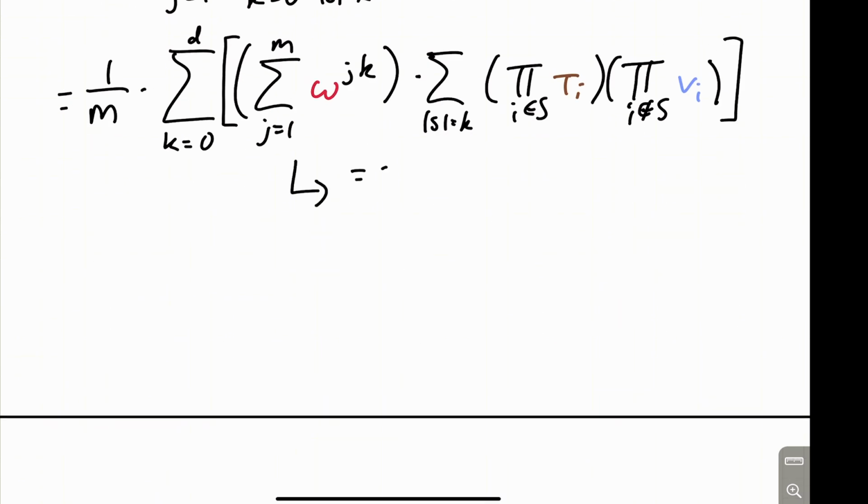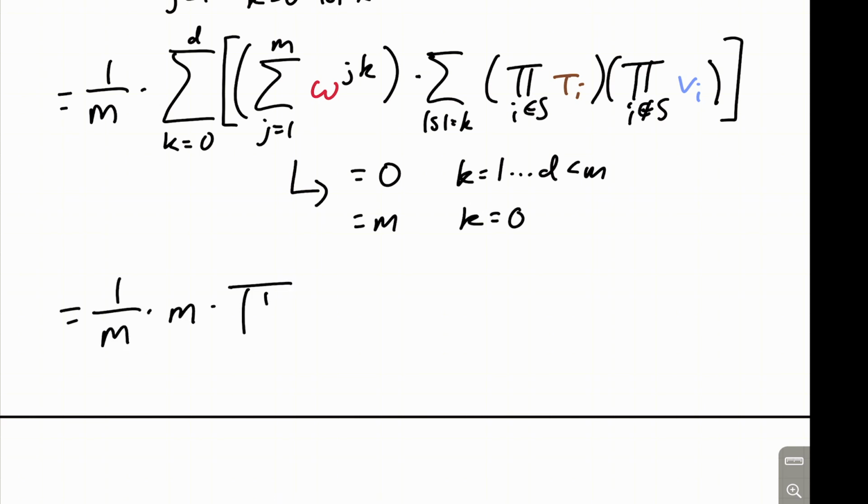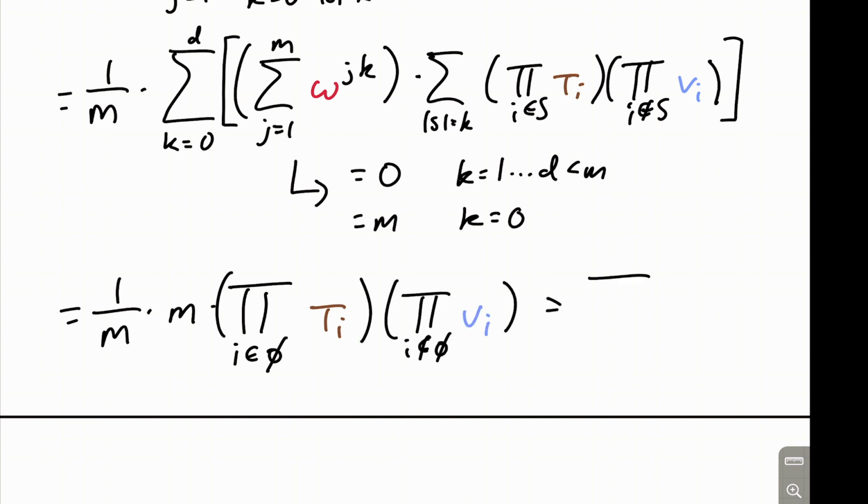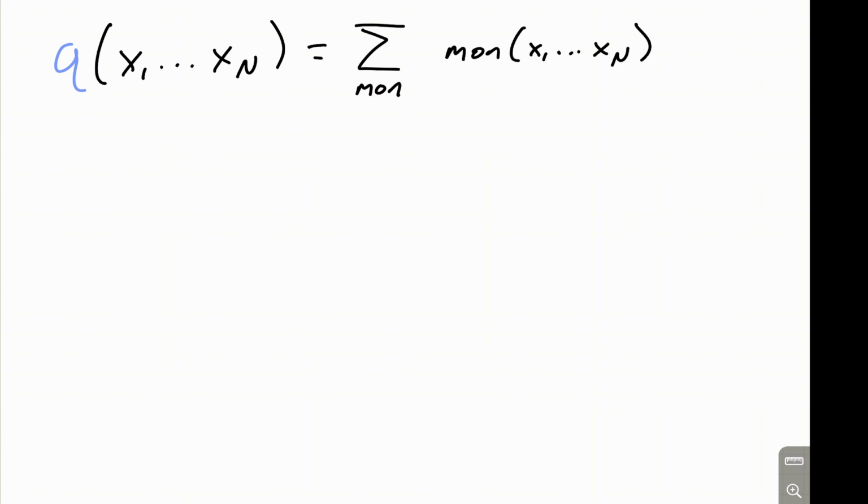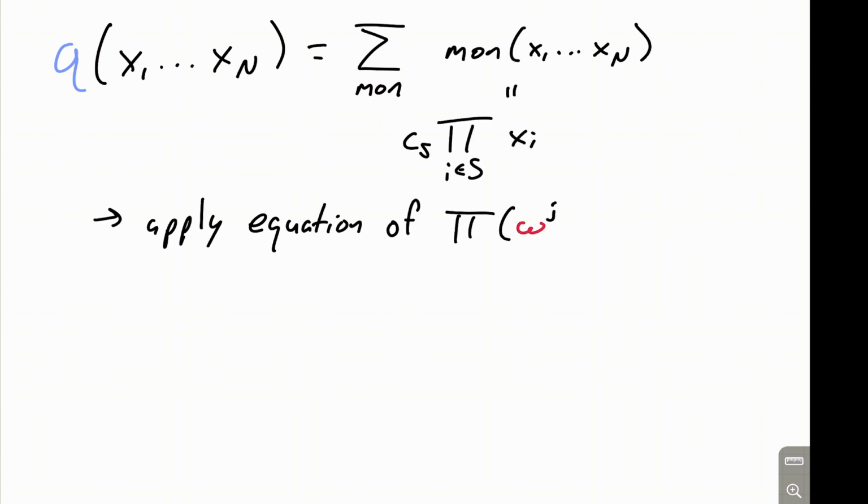Bringing back our equation for omega, plus the fact that d is strictly less than m, means that each coefficient is 0 except for the one where k is 0, for which we get m. Thus this whole sum reduces to the k equals 0 term, where we take no tau values and all the v values. To go from this to any polynomial, we just apply the same logic to each monomial separately, aka each product separately. So this gives us the full equation.